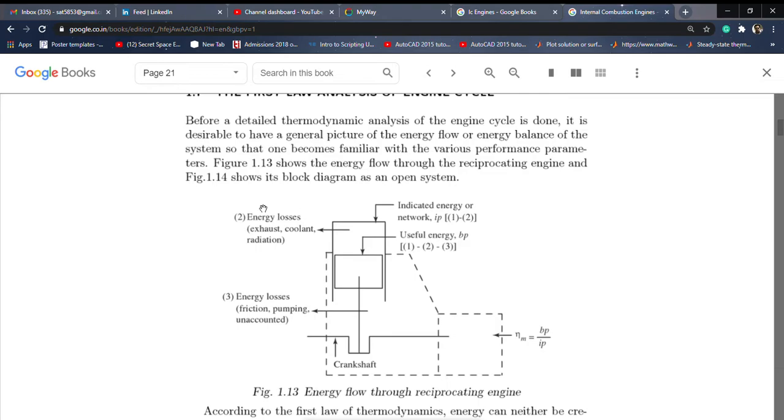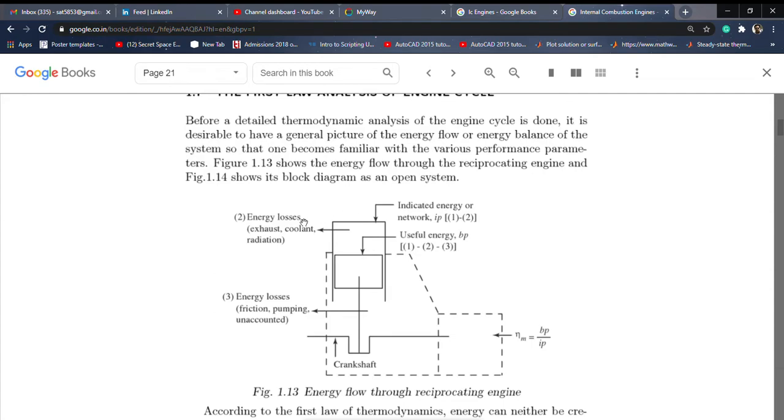So if you decrease this energy loss from the total energy, what does it mean by 1? One is the total energy of the fuel. So we give fuel into the engine. The fuel has this energy, suppose 1.